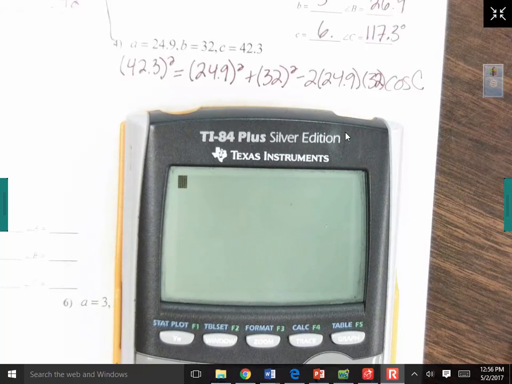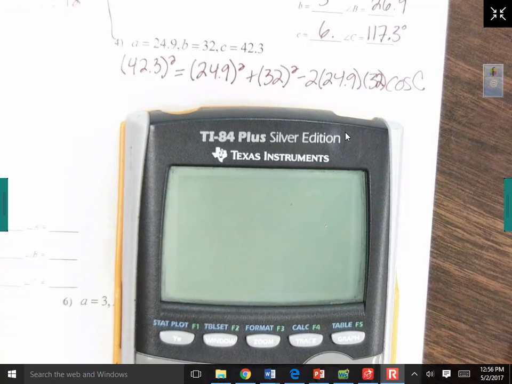Alexia, tell me what to write, or type, or press. 32 squared. Wait, we already have it up there on the board. It's just putting it in the calculator. So what do we start with? 24.9.